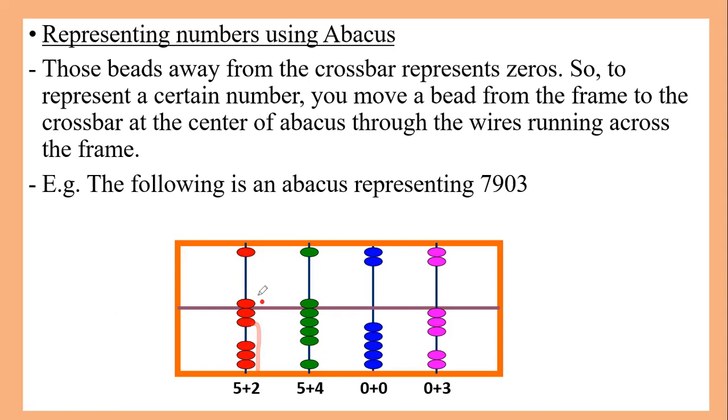And therefore we have 5 from the upper side plus 2 from the lower side. So 5 plus 2, that is 7. And that's how we represent 7,903. So that's how we represent numbers using the abacus.